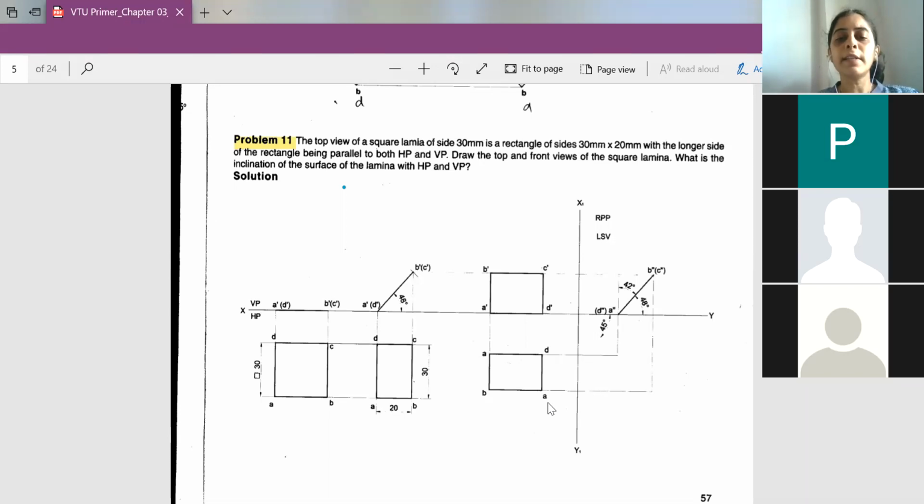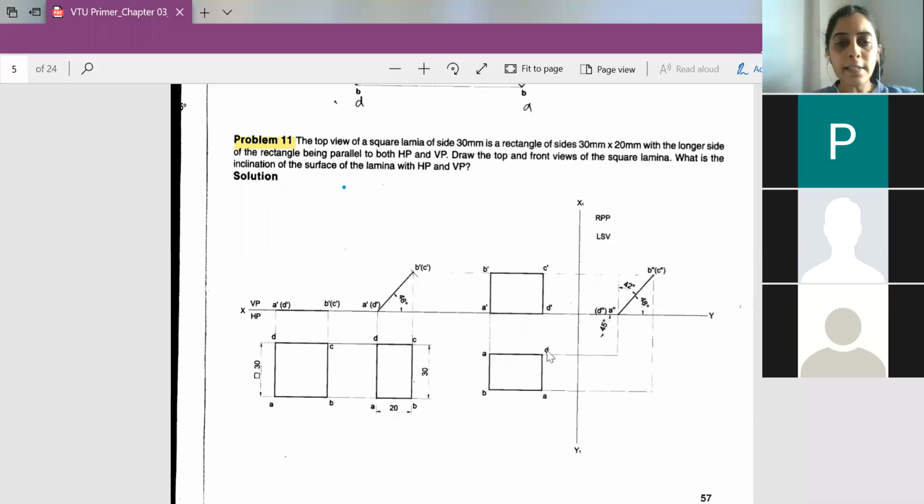Then you will get the naming: A, B, it is D, it is C. After writing this as C, you join all the corners. So now you get the top view with the longer side parallel to our HP plane.